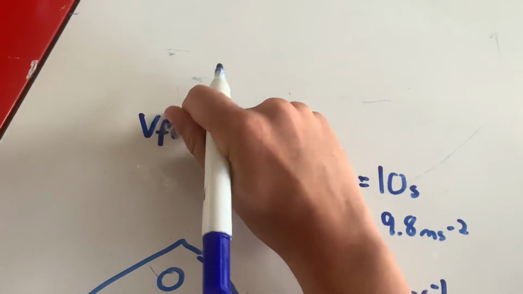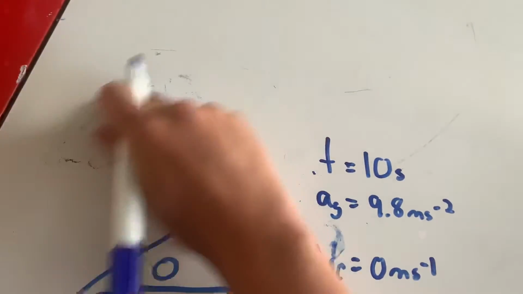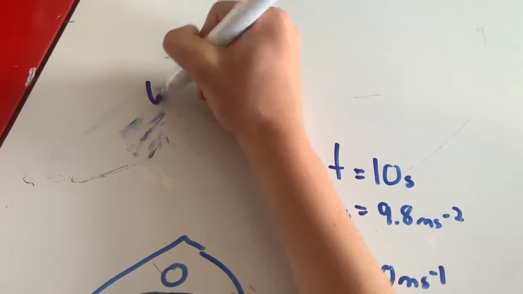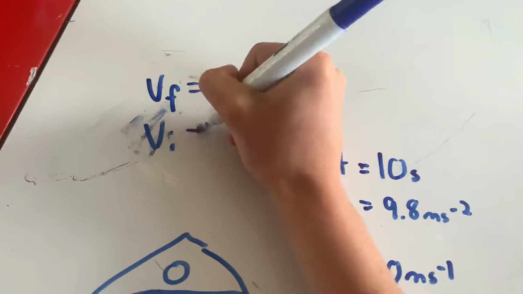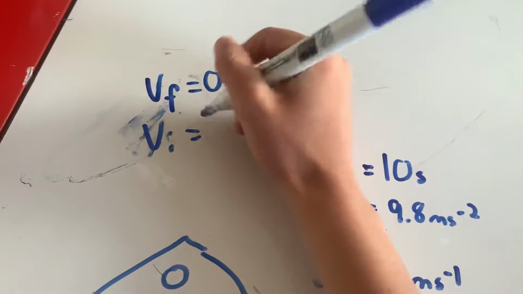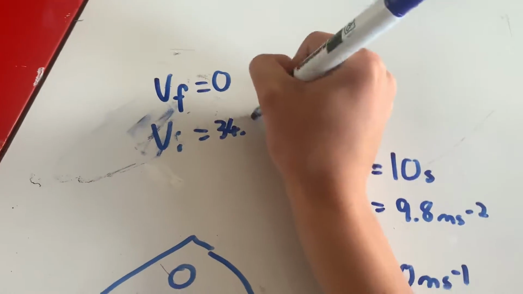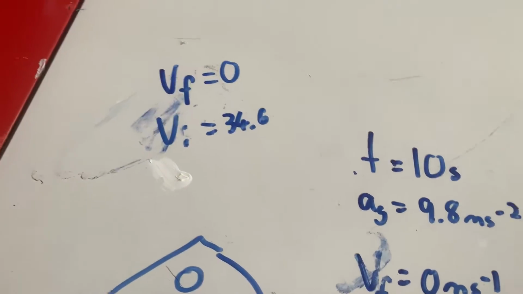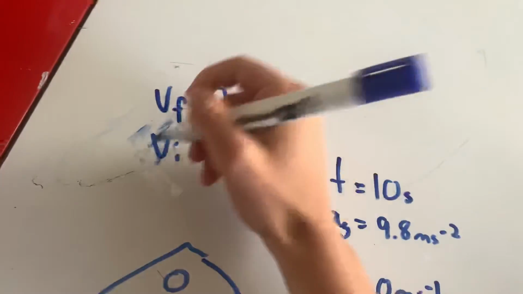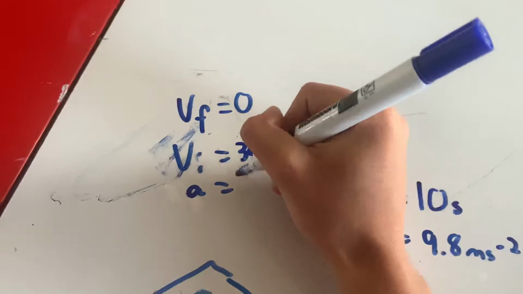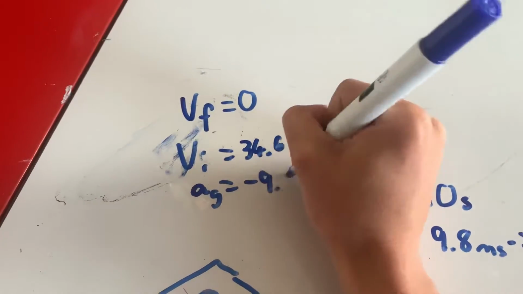So let's label all the known variables. We know that VF is equal to 0, VI is equal to 34.6, and acceleration due to gravity equals negative 9.8.